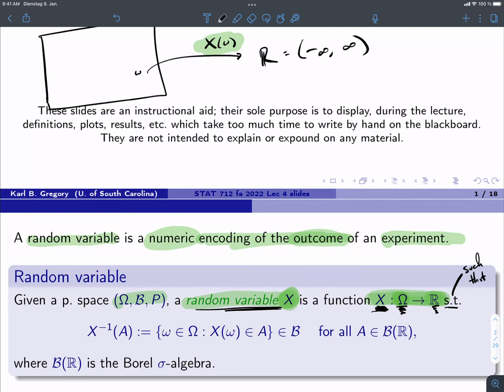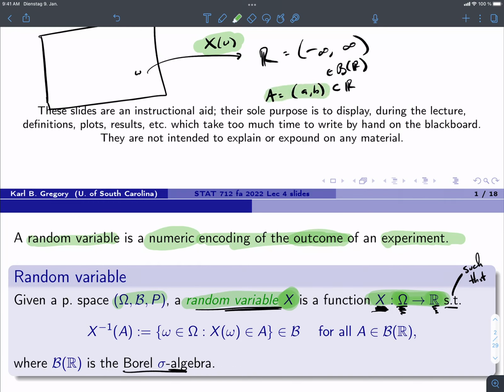And this tells us that for this to legitimately be called a random variable, what we need is, for every set in the Borel sigma algebra of the real numbers, I need to have this property where, let's say I take the set A to B over here, which is a subset of the real numbers, and I could say it belongs to the Borel collection of subsets of the real numbers.